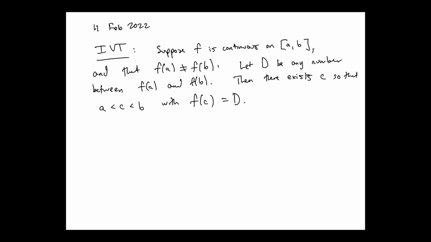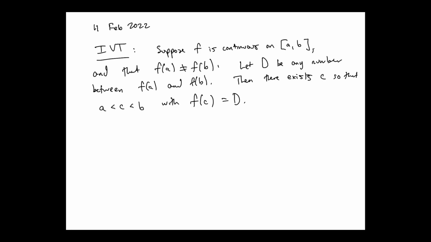Okay, so a bunch of words, right? So we need to have a function that's continuous on the interval that we're interested in, and that interval is going to be from A to B, whatever A and whatever B are. In the example we just did, it was 0 and 1, but of course it doesn't have to be those numbers. And we also need to have that f of A and f of B are different.